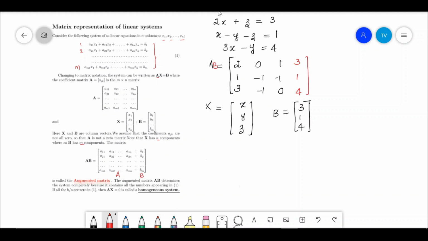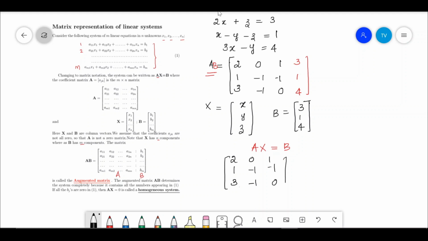This is how we get the augmented matrix: attach the right hand side vector to the coefficient matrix A. And you can see that capital A, the coefficient matrix, capital X, the column vector, and AX equal to B gives a matrix representation corresponding to the given linear system. Let me write that for you. 2 0 1, then 1 minus 1 minus 1, 3 minus 1 0.